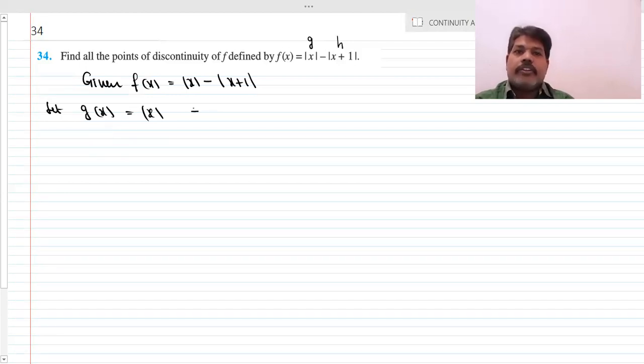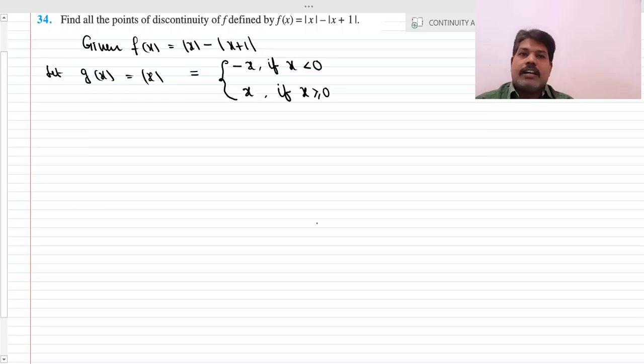Then this can be written, using the definition of mod x, as minus x if x is less than 0, and x if x is greater than or equal to 0. This is the definition of mod x.